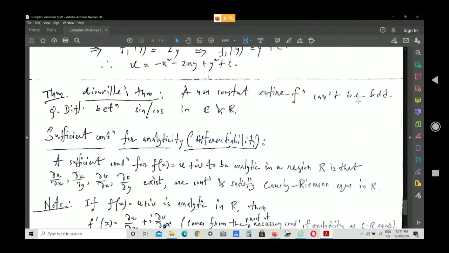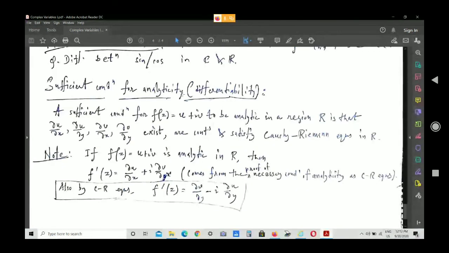These are some major differences between real functions and complex functions. Real sine and cos functions are bounded. Complex sine and cos functions are unbounded; their modulus can be arbitrarily large. So that's what I have written: the difference between sin x, cos x in C and R.